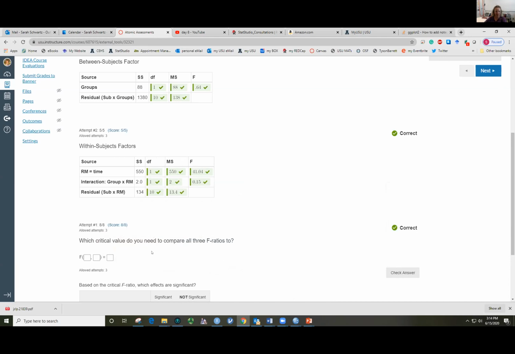Okay. So what critical value are we going to compare all of our F values to? All 3 of our F values have what numerator degree of freedom? 1. All 3 of these happen to have the same denominator degrees of freedom. What's the denominator degrees of freedom on all of these? 10. So we're going to look that up in our F table for 0.05.